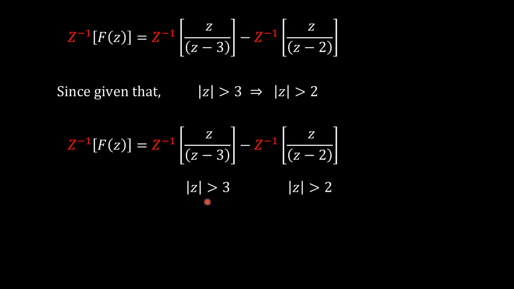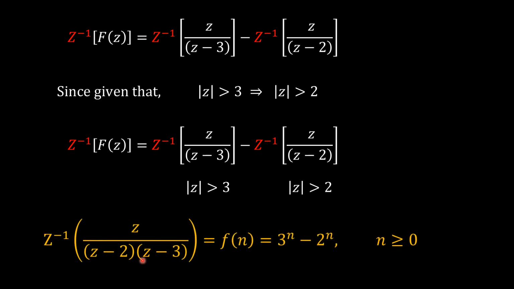So use the appropriate formula from the table, and therefore inverse Z transform of z upon z minus 3 for mod z strictly greater than 3 is 3 raised to n, and for z upon z minus 2 for mod z strictly greater than 2 it is 2 raised to n, which gives us the inverse Z transform of the given function as 3 raised to n minus 2 raised to n.